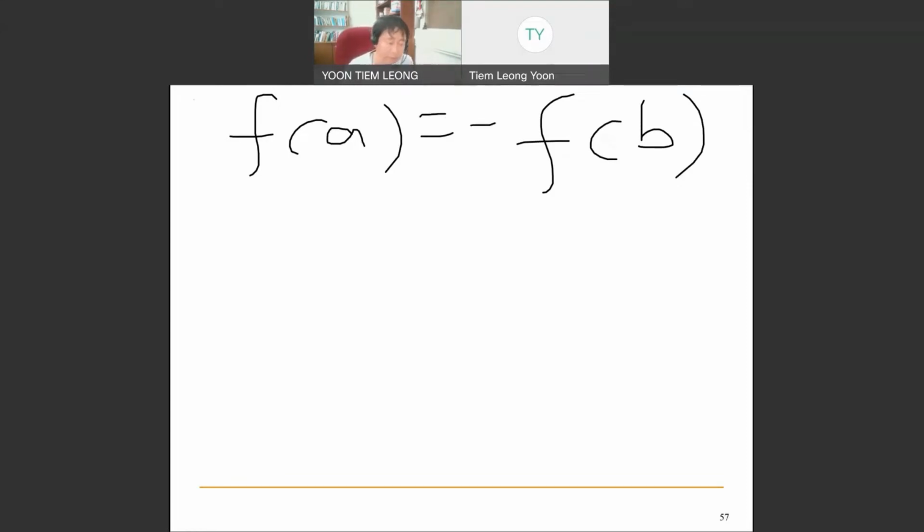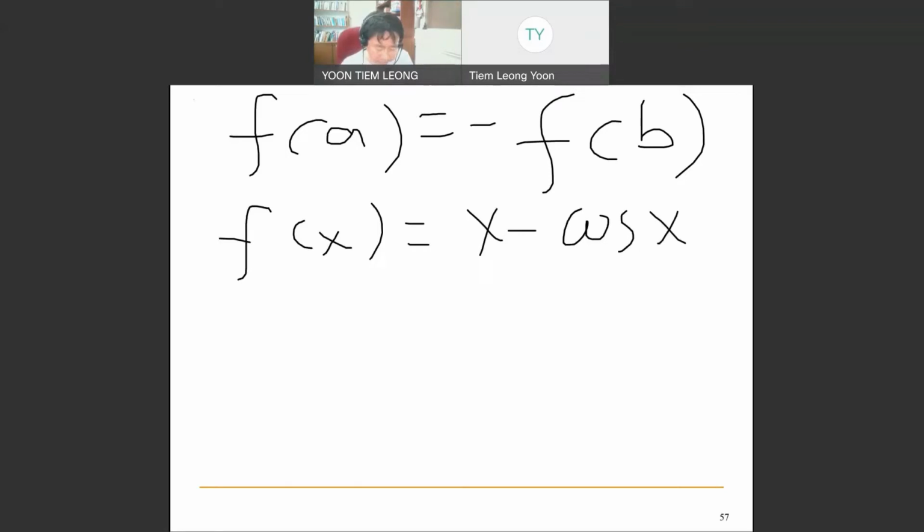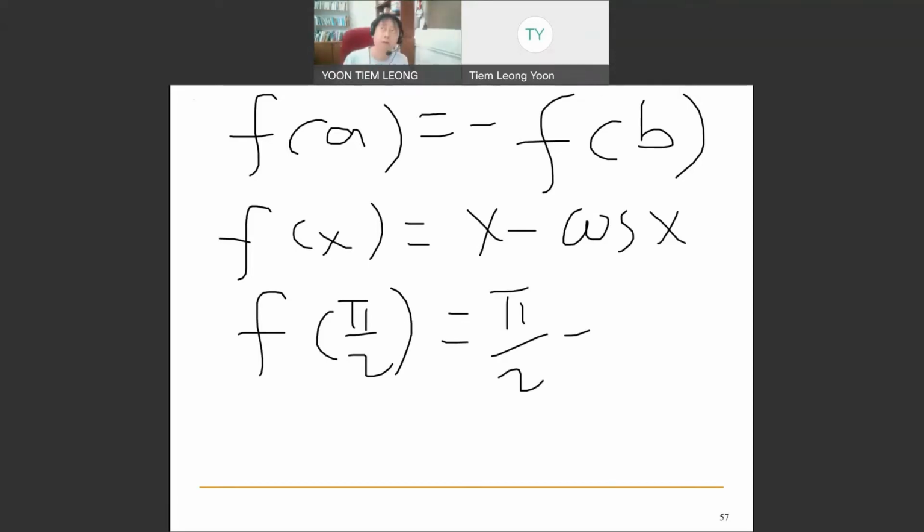It doesn't really matter what numbers a and b are, as long as you can find two numbers where the signs are opposite. So for example, if you have f(x) equals x minus cos x, just simply choose a number. So what number should you use? For example, you choose, say, pi over 2. Okay, so f of pi over 2 is pi over 2 minus cos of 90 degrees, and cos of 90 degrees is 0. So this is a number.